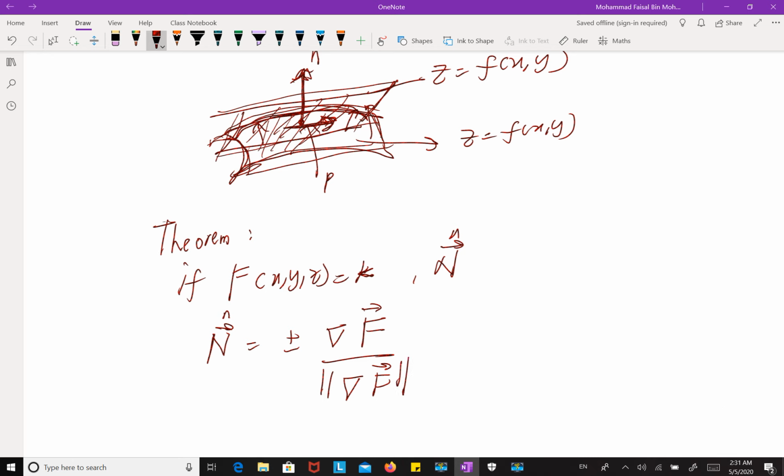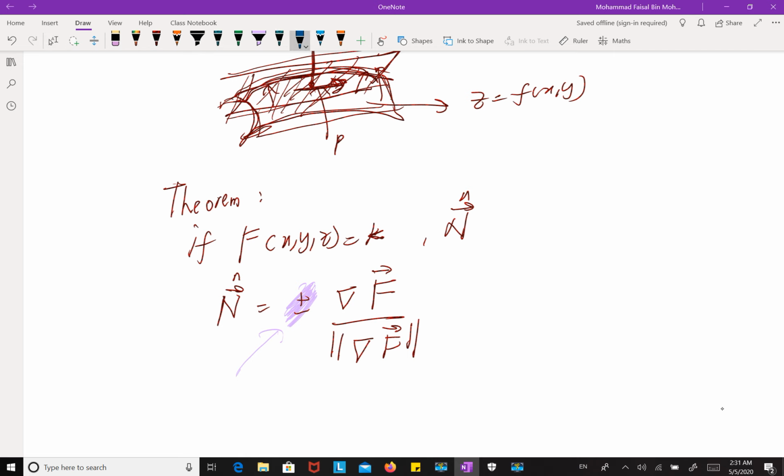So this plus minus refers to different direction. Plus minus for different direction.